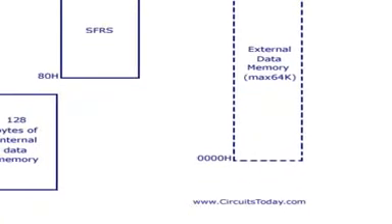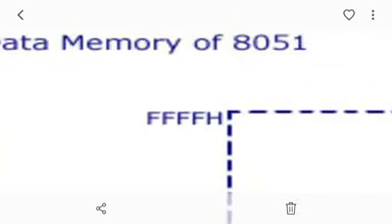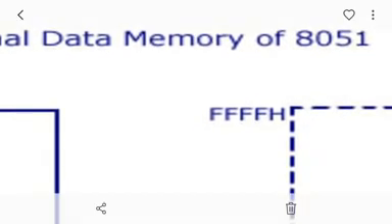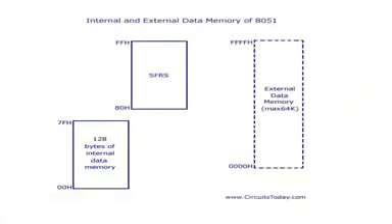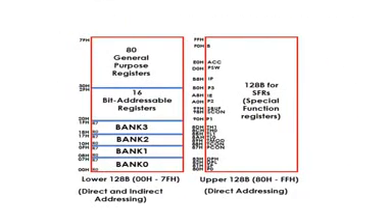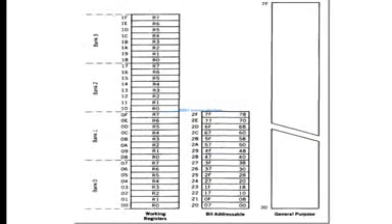That means internal ROM starts at 0000H and ends at, not 4 F's, you will have only 3 F's there. That means the first F will become 0, then FFFH. Is that fine? That is about external ROM, and we have seen internal ROM in detail.